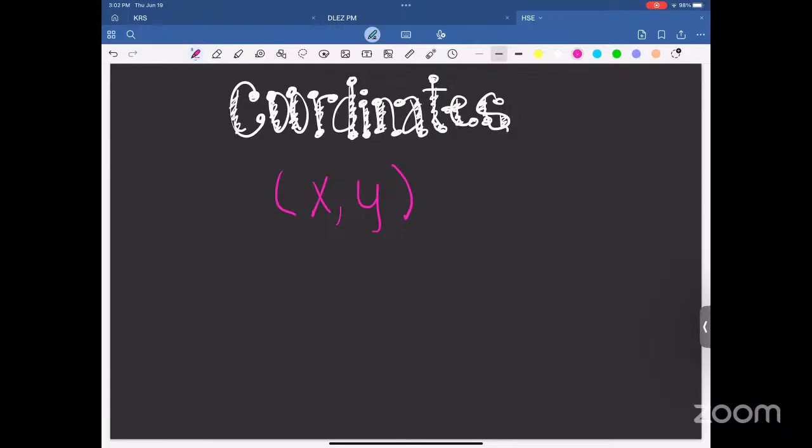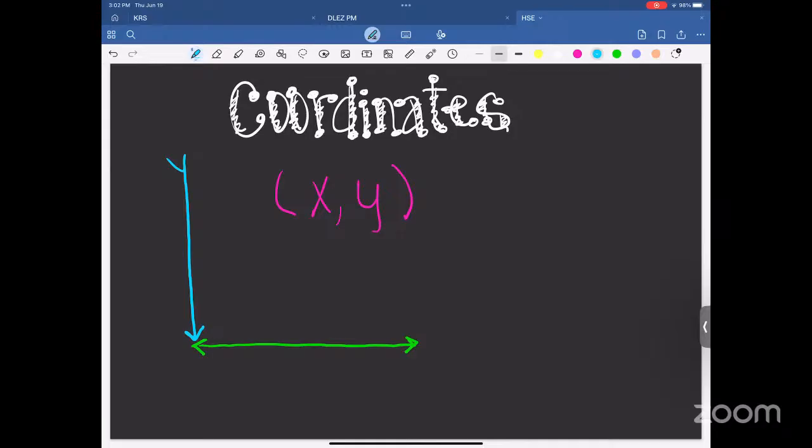And one thing that I like to show is how our X and Y works. Our X is going to be our horizontal line. It shows you how far left and right to travel. Our Y, and I like to draw it like this, is going to be our vertical line. It shows you how far north and south to travel.